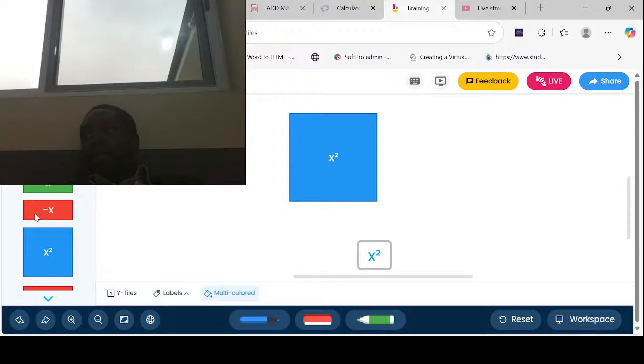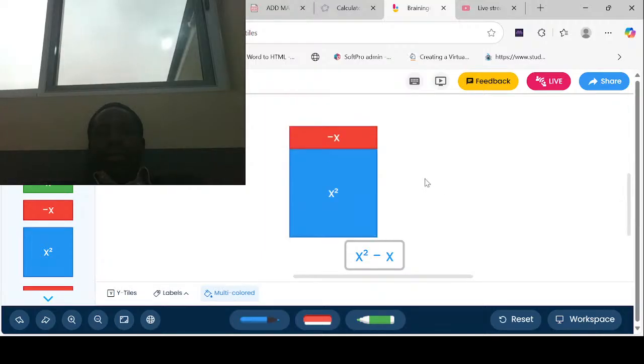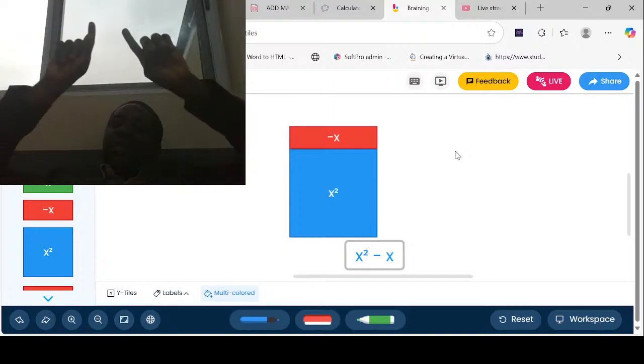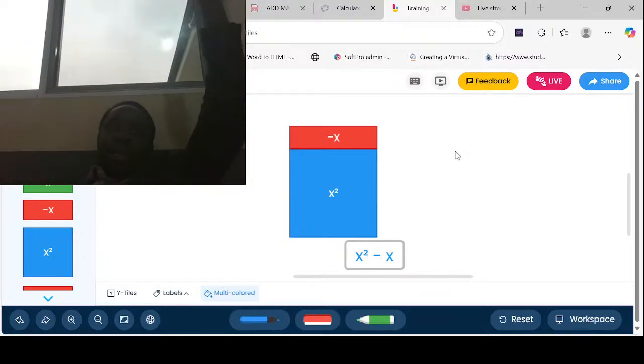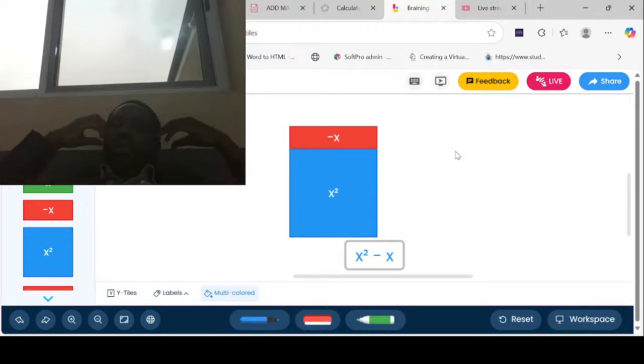I can pick this minus x in 10 places. You see what I'm doing? The idea of quadratic is we make a square so that this side and this side have to be the same. So after using this to teach you, you discover that you have concrete knowledge of how to do factorization or those algebraic things.